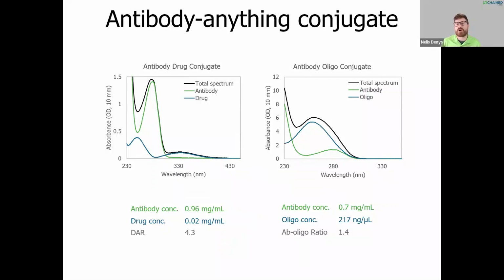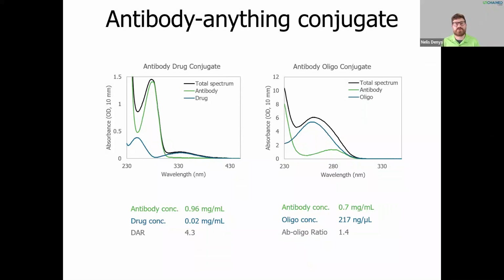So that can be a drug, that can be an oligo, that can be a label of some type, practically anything else that absorbs. And the software will separate those spectra and quantify both. So both your antibody and the other thing.